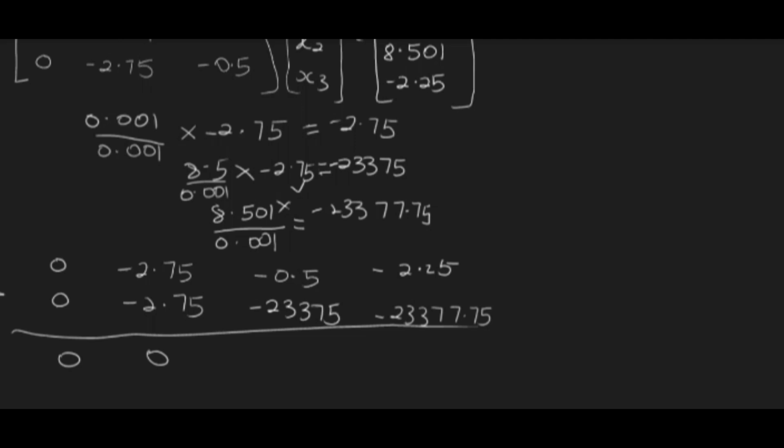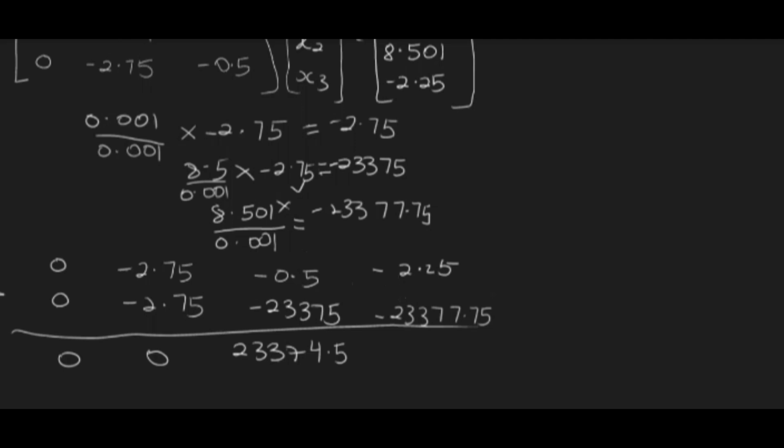So I'm going to get negative this plus this, because it will add, and here I'll get 23377.4.5. Then when I come to this side too, I'm going to subtract likewise. So this will be this plus this.